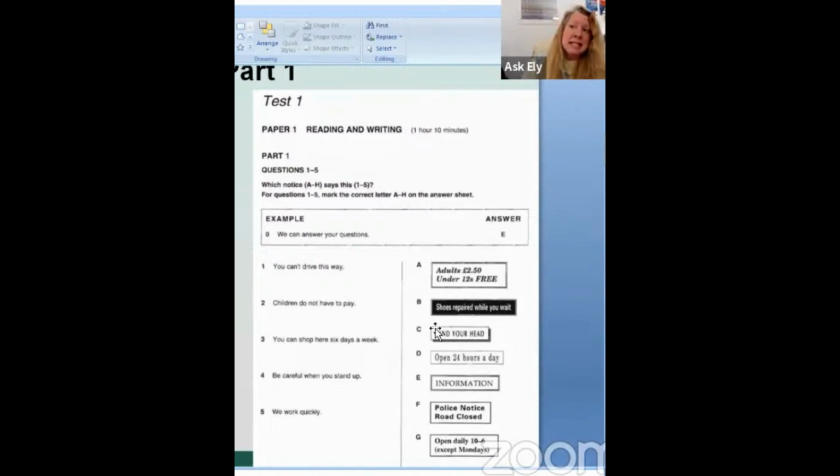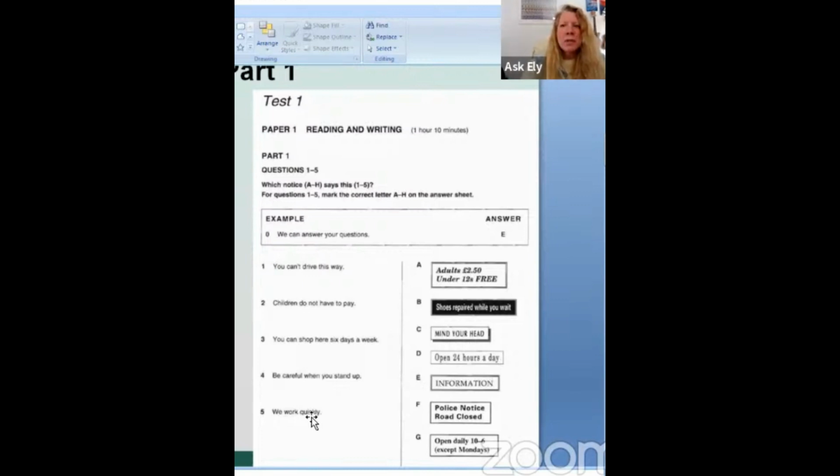We know that C is taken. We know that G is taken. So we're looking at B and D. Oh, we're looking at 3. E. We're looking at shoes repaired while you wait, open 24 hours a day, or information.